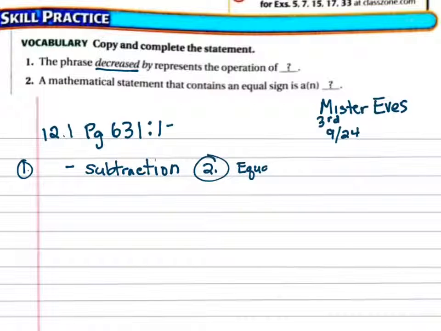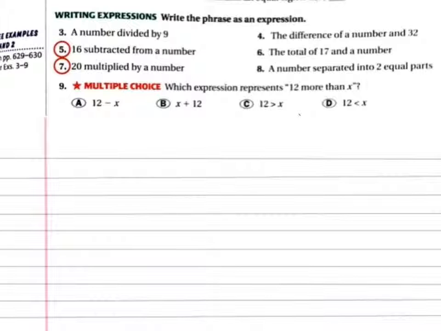Go ahead and write that out. So we have subtraction and equation for 1 and 2. Any questions on that? Make sure you copy that down because we're going on to the next slide.